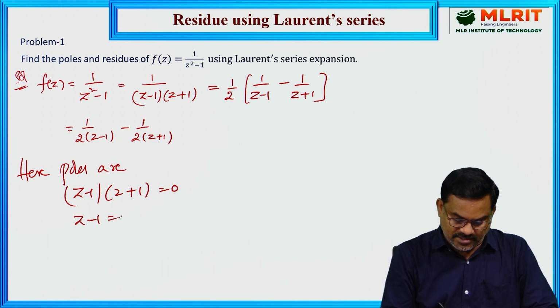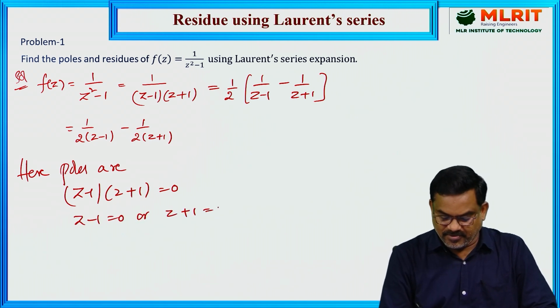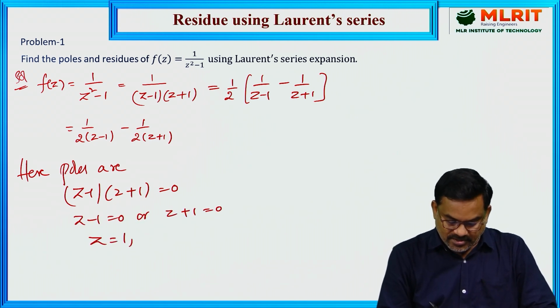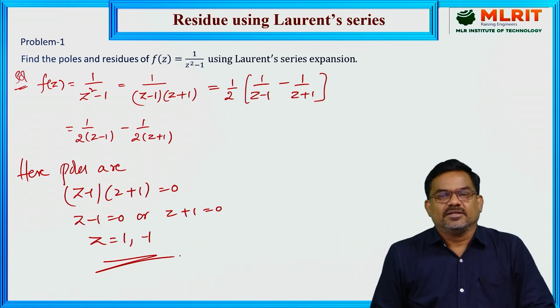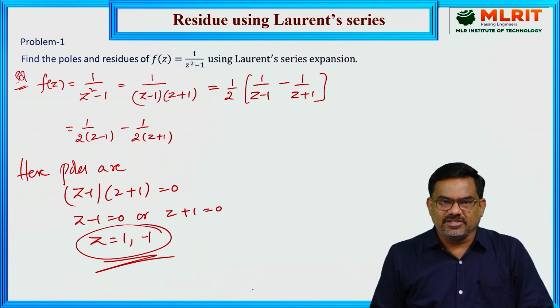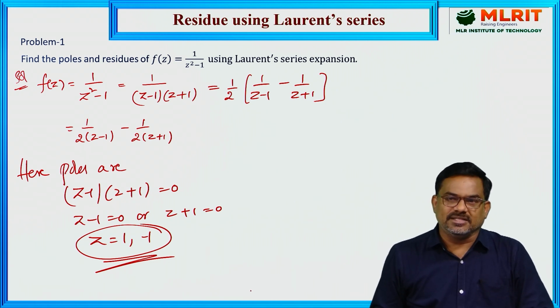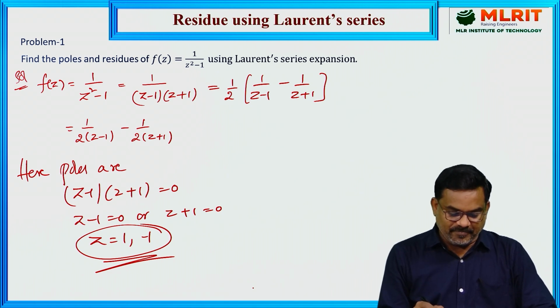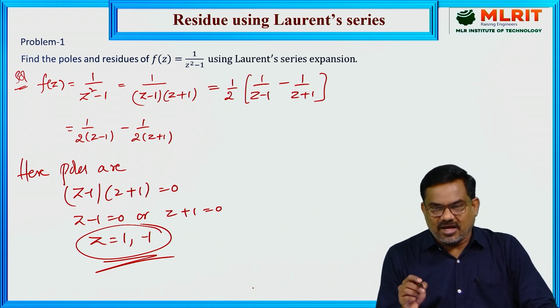So z minus 1 is 0 or z plus 1 is 0, so z equal to 1, minus 1. These are the poles of the given function. Now we need to find the residues at these two poles using Laurent series expansion. So first we need to expand the function as a Laurent series.